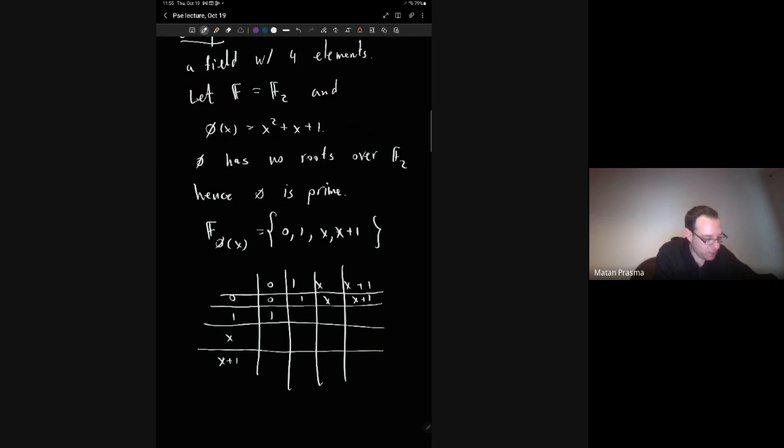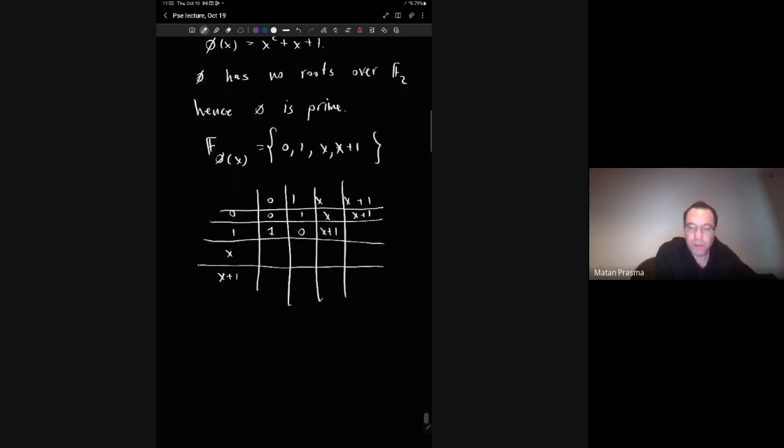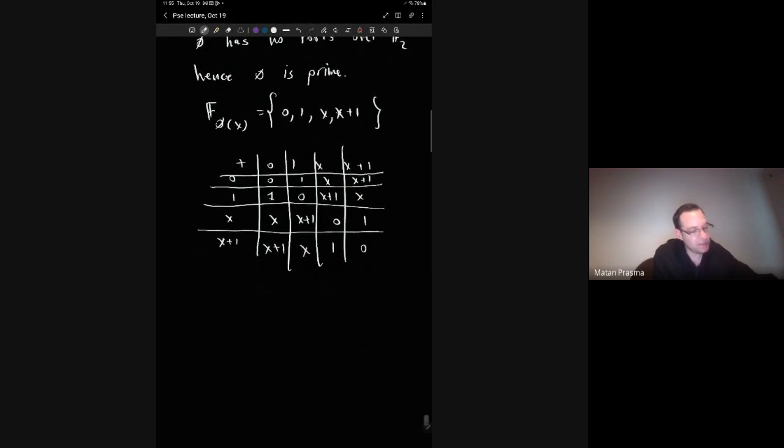Well, 1 plus 0 is 1, 1 plus 1 is 0. 1 plus x is x plus 1. So you see the addition is really trivial. I can complete it for convenience, so this is the addition.